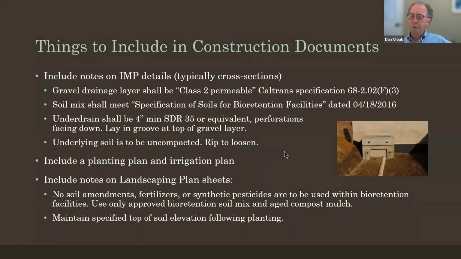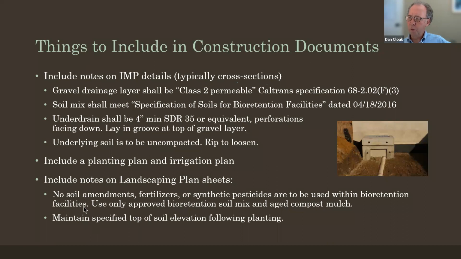Again, said a few times, underlying soil is to be uncompacted and ripped to loosen. Making sure that there is a planting plan and irrigation plan that applies to the bioretention facility in the construction documents before construction goes ahead. These are the key things that the landscape architect or the landscape contractor need to know.